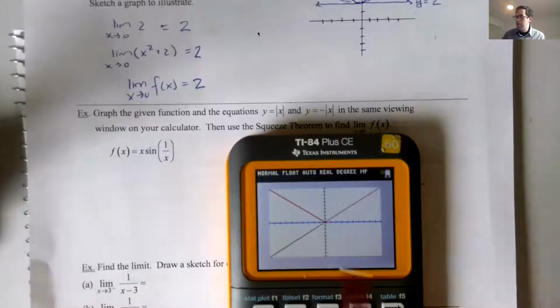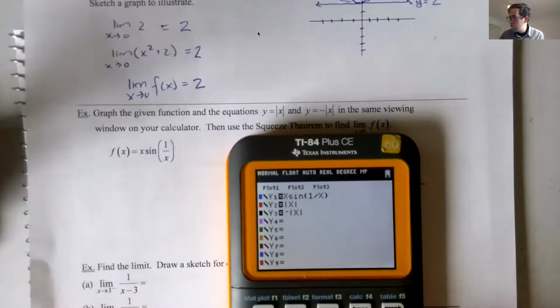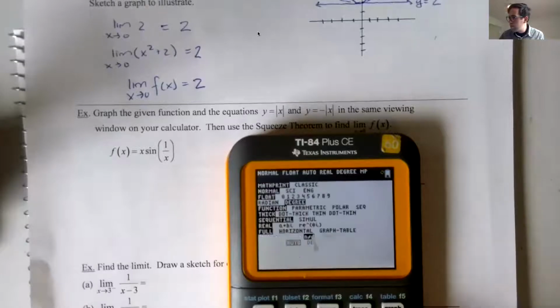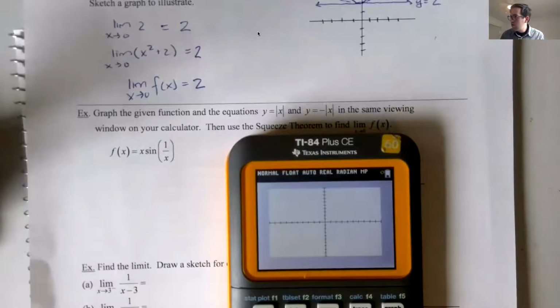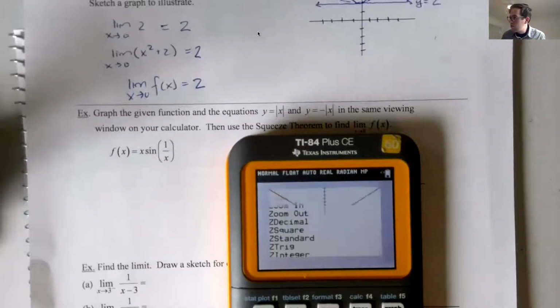And look, I can tell right here we're in degree mode, and I don't want that. So we're going to switch to radian mode and then graph again. Okay, can't really see what's going on, so I'm going to zoom in.